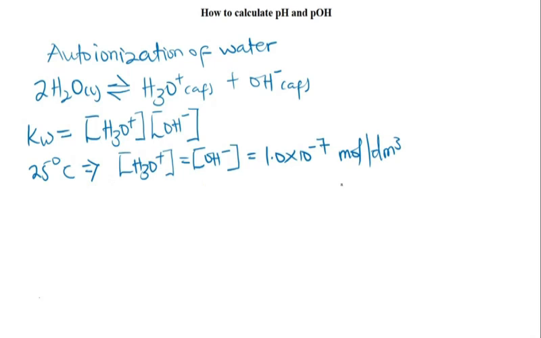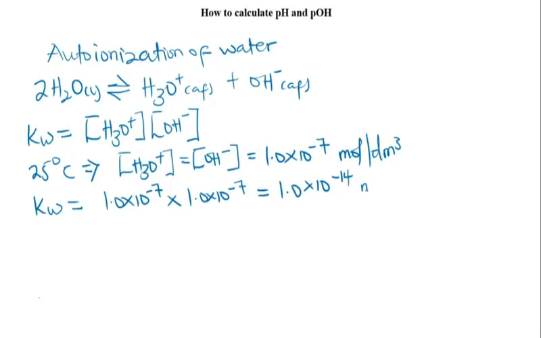So if this holds true, it means our Kw is equal to 1.0 times 10 raised to the power minus 7 times another 1.0 times 10 raised to the power minus 7, all giving us 1.0 times 10 raised to the power minus 14 mole square dm minus 6. So this is the value of our Kw.